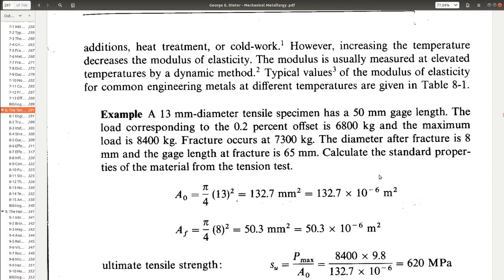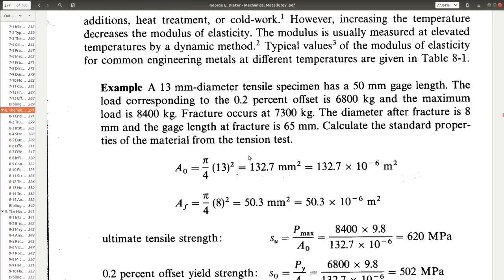Now we'll see a problem. In this problem, a 13 mm diameter tensile specimen has a 50 mm gauge length. From the 0.2% offset, the yield point has been identified, which is this one. And the maximum load, P max, has been observed from the stress strain curve.